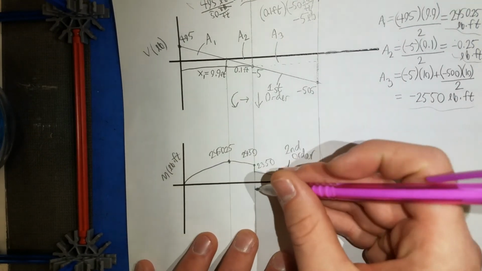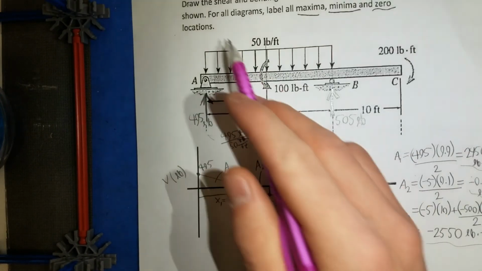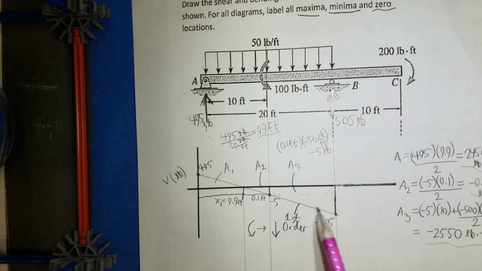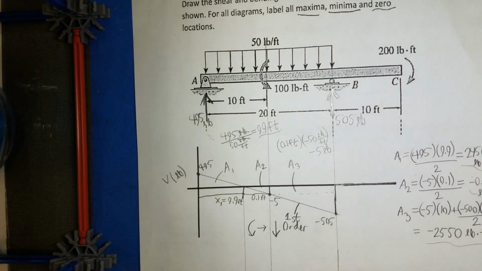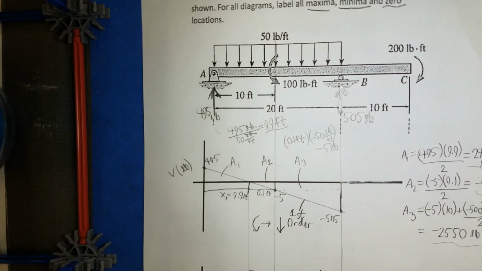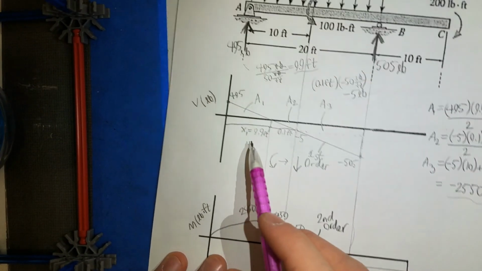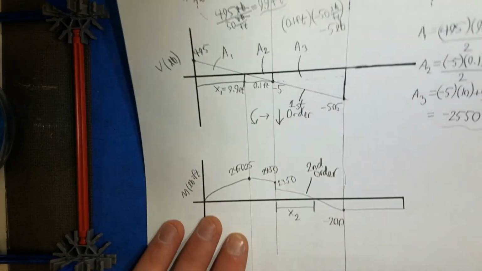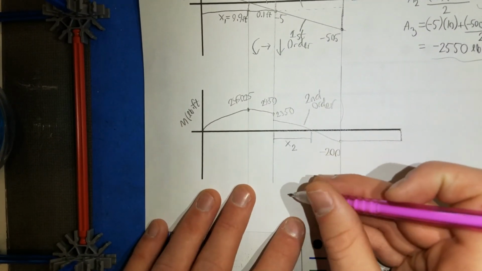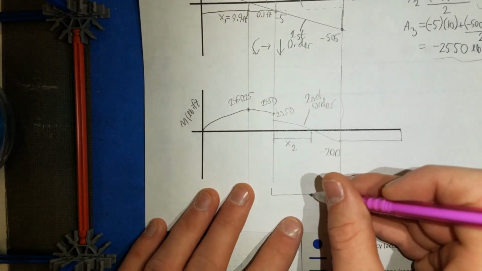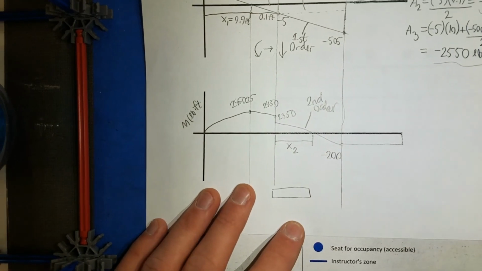The next thing that they probably want us to work through is they say label all maxima and minima, which is what we did. They also want 0 locations. And so for 0 locations, we'd have x2. We already labeled the 0 location for the shear. And so the 0 location for this would end up being a beam like that.